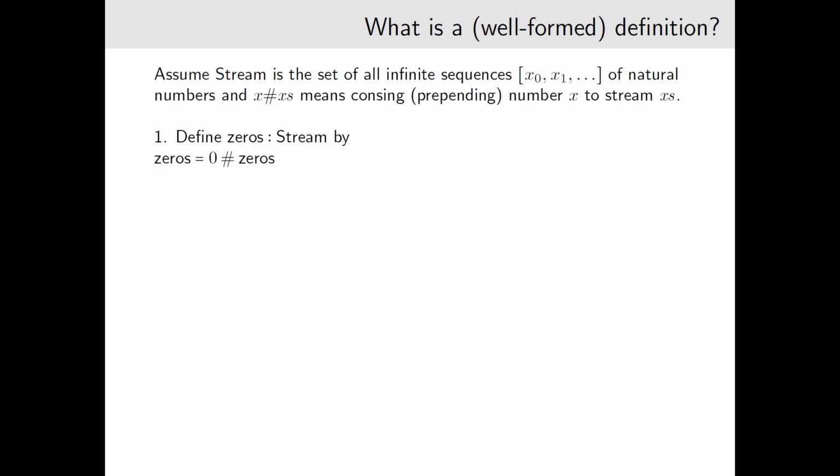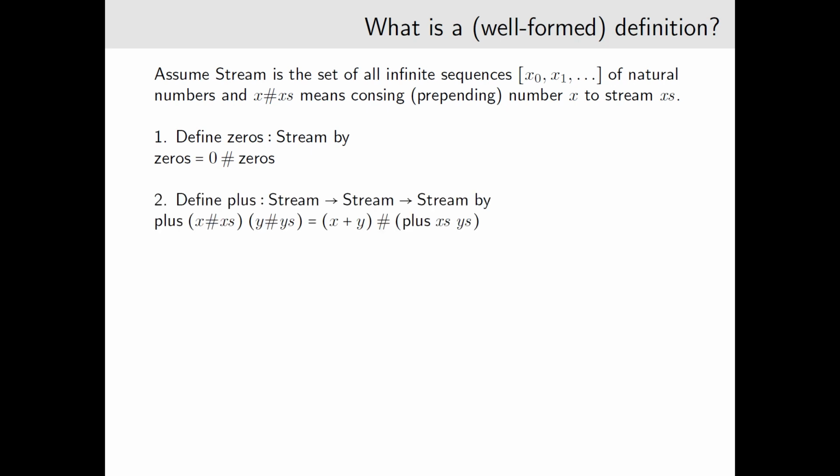So let's consider some definitions. Let's say we define the stream of zeros. Again, there is some recursion here, so we have zeros appearing on both sides. So it requires some justification for why this would be a definition. This is supposed to define the stream of zeros, obviously.